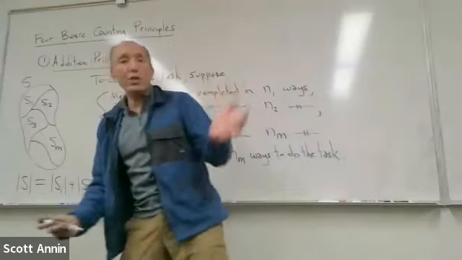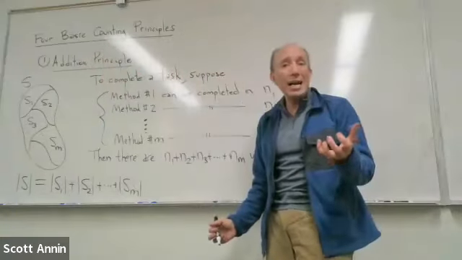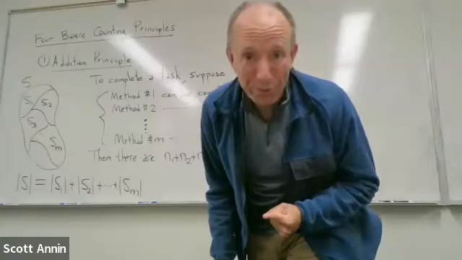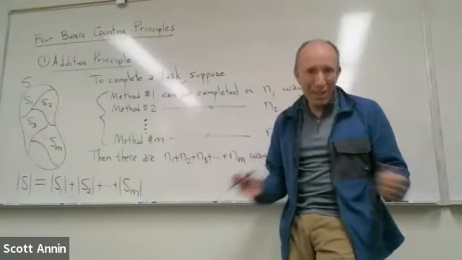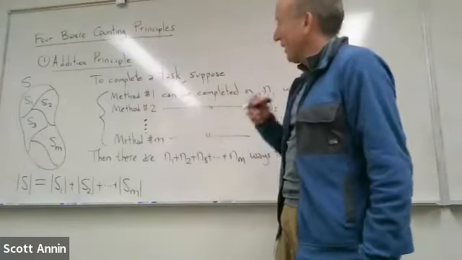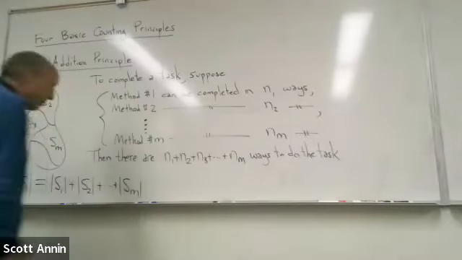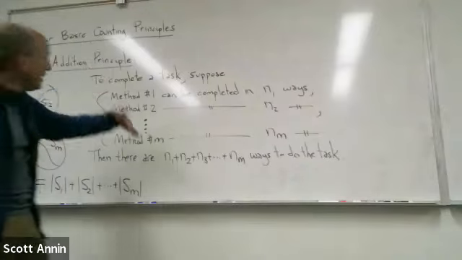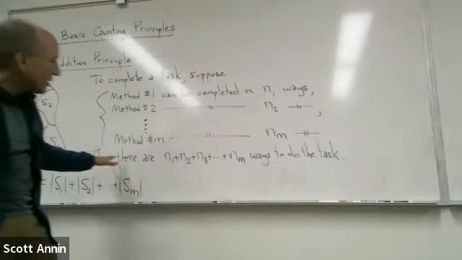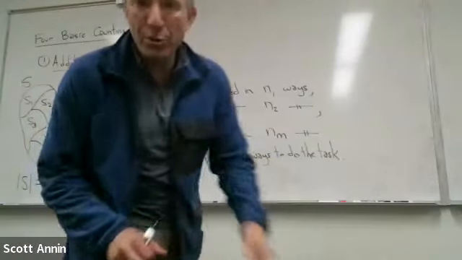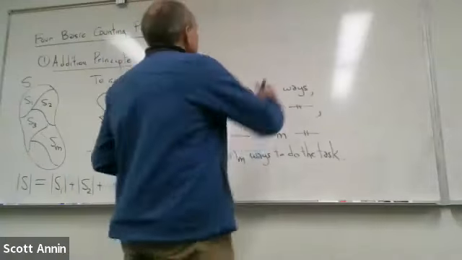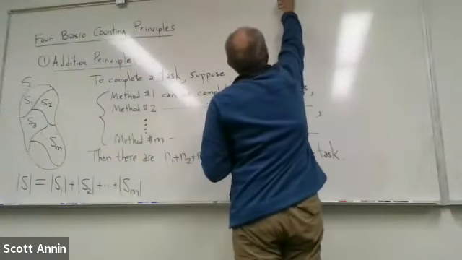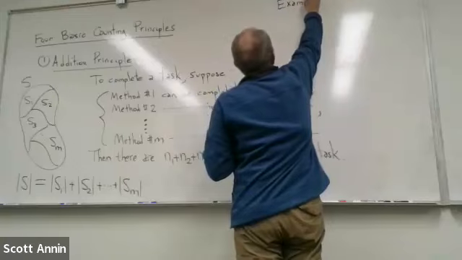S2 is the collection of all ways of completing the task using method 2, and so on and so on. So that essentially, the equation that I've written mathematically here at the bottom of this board is reflected in the addition principle as the total number of ways to do this task. Let's write down an example to sort of see how this would work in a real problem.